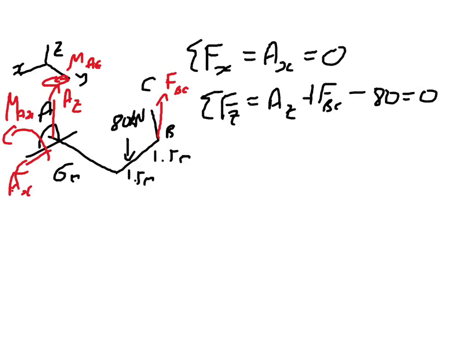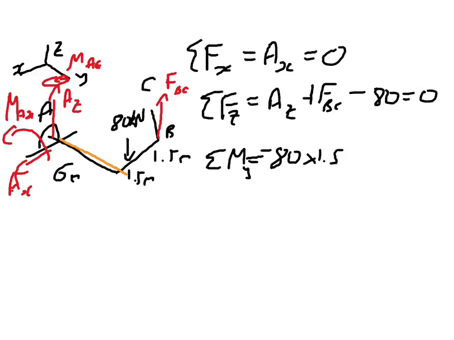If we take the sum of the moments about the y-axis, we'll only have one unknown. That's all the forces and all the moments that are trying to turn it about this axis here. So we've got 80 kilonewtons trying to push down, 1.5 metres from the y-axis. So it's going to be negative because it's trying to turn it clockwise.